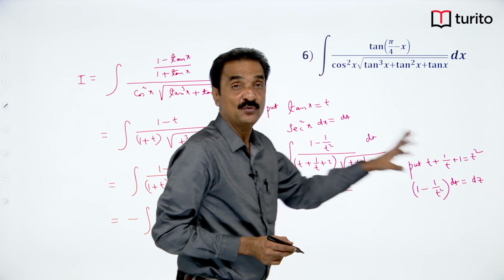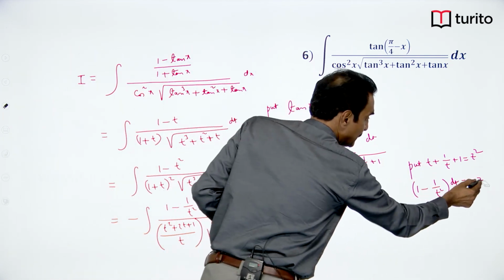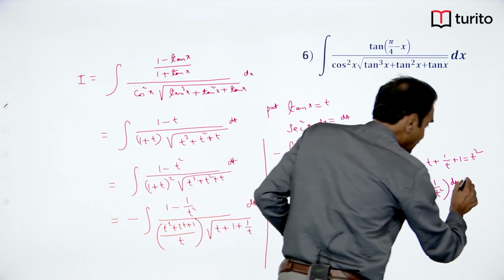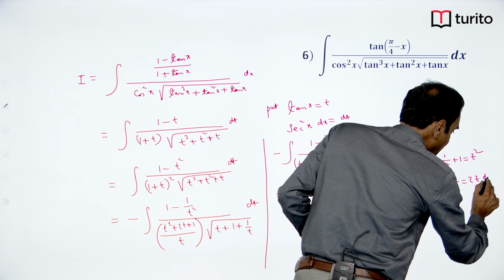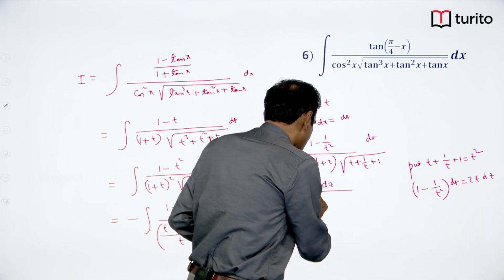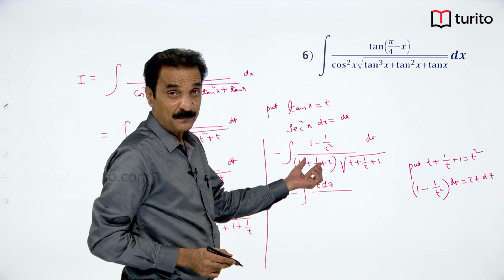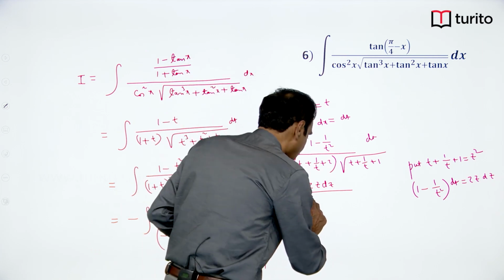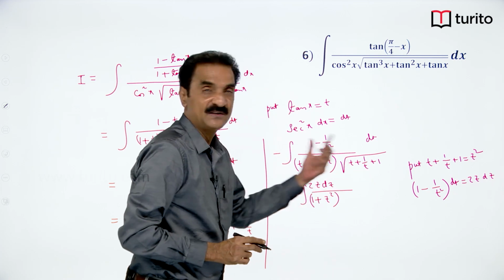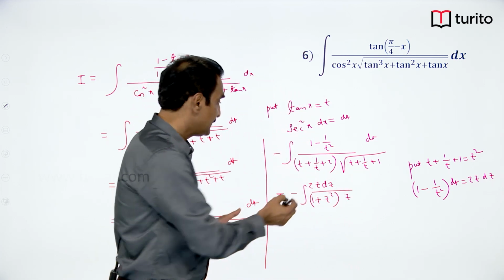Derivative of z square is 2z dz. So 2z dz by 1 plus z square, and this one, root over z square is z. Now cancel z.